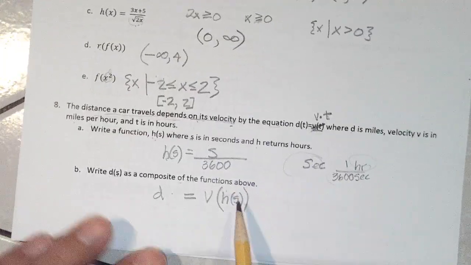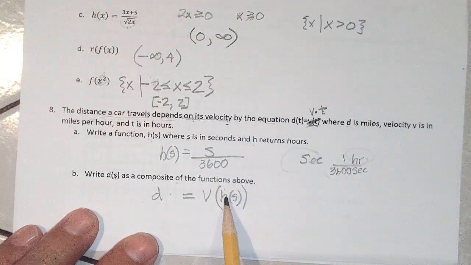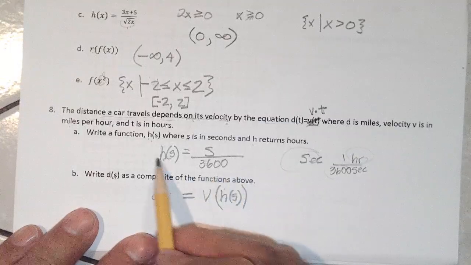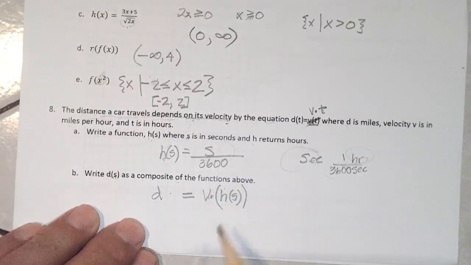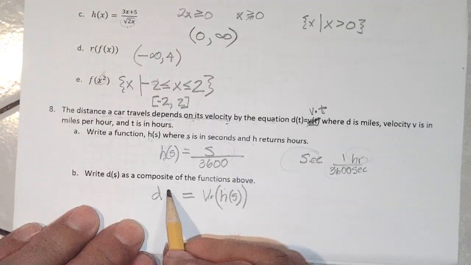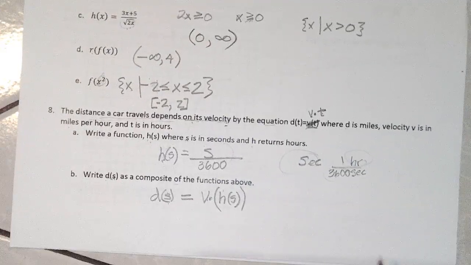So I've got to take the seconds and convert it to hours. That's what this would do. And then take that times the velocity to get the distance. And that would give me the distance in seconds.